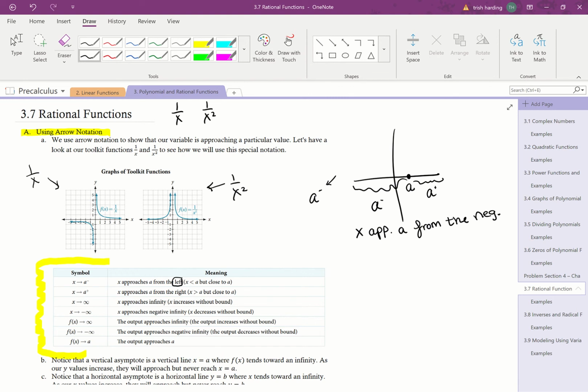And we're going to talk about here. 1 over x will display this. So notice when x approaches 0 from the left side, from that negative side, what do we get? We're traveling along here, so we're looking as we're coming this direction to a.